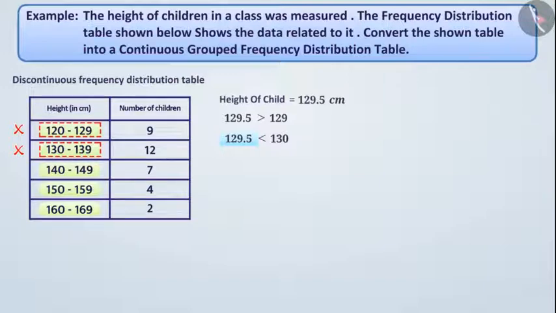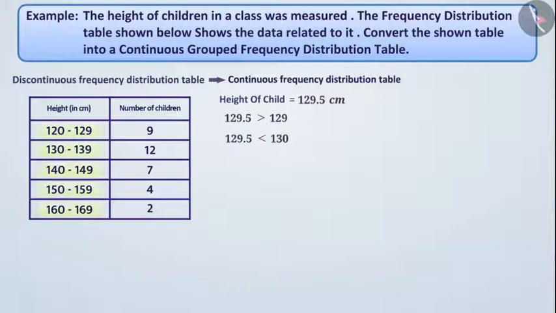Thus, this number cannot be included in any class interval. In such a situation, it is necessary for us to convert the discontinuous frequency distribution into a continuous frequency distribution table. So, let's start.